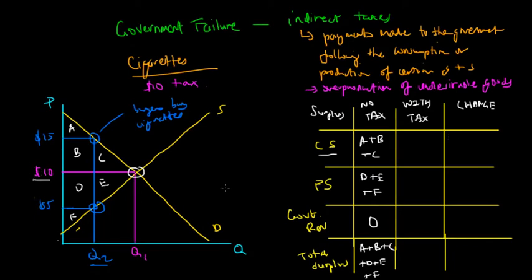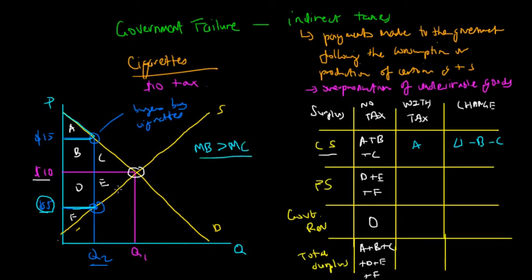But now that the government has put an indirect tax on cigarettes, only people who value cigarettes above $15 would actually buy them. This represents a consumer surplus of only A, so the change is negative B minus C. And only producers who can supply cigarettes at less than $5 would be willing to produce, because marginal benefit has to exceed marginal cost for production to occur.